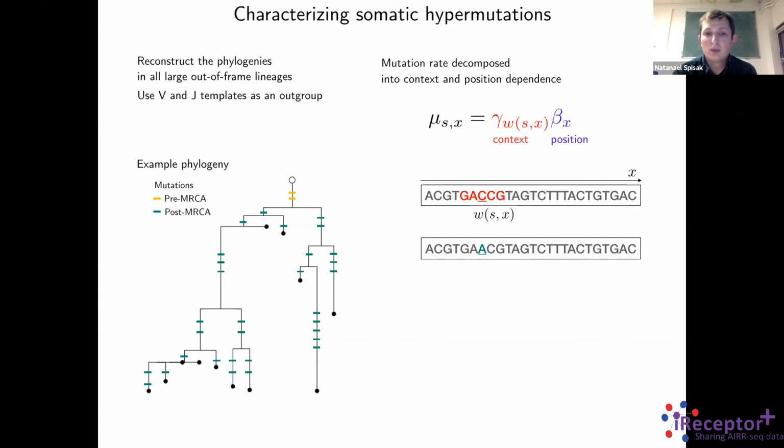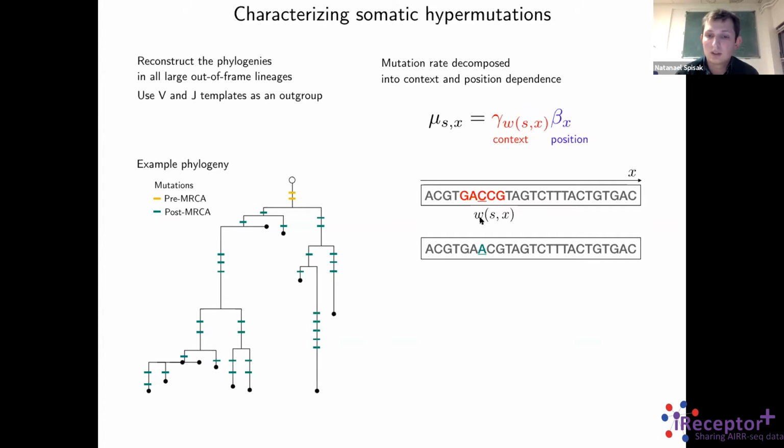The model that we built decomposes the mutation rate into context and position dependence, which is to say that we allow the mutation rate to be modulated at any given position, first by the context, which is already established knowledge, that the mutation rate depends on context. Here we choose that the mutation rate is determined by the 2 nearest neighbors of each base pair that can mutate it.